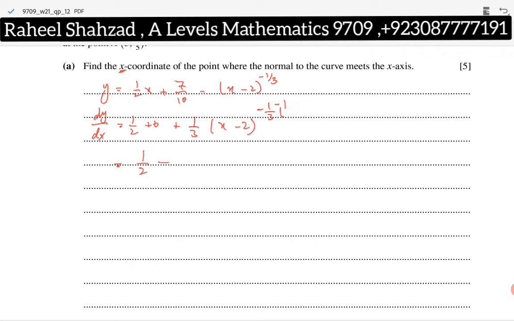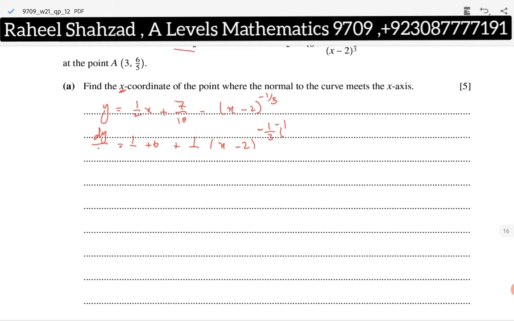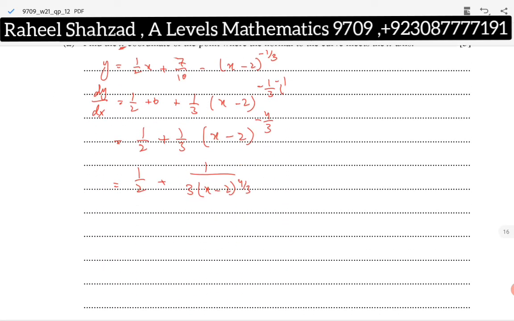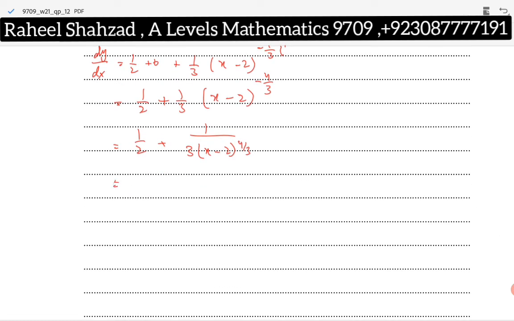So it's 1 by 2 plus 1 by 3 (x minus 2) power minus 4 by 3. Now the point we are looking for is 3, 6 by 5. So x is 3: 1 by 2 plus 1 divided by 3, (3 minus 2) is 1, so it is 1 by 2 plus 1 by 3, which is 5 by 6. So the gradient of the tangent is 5 by 6.